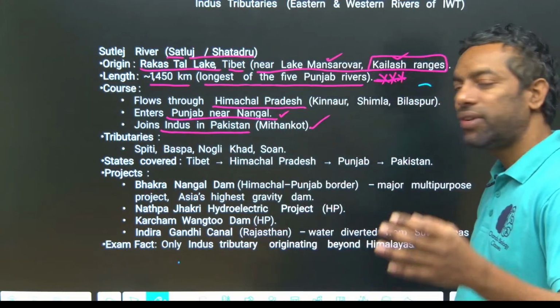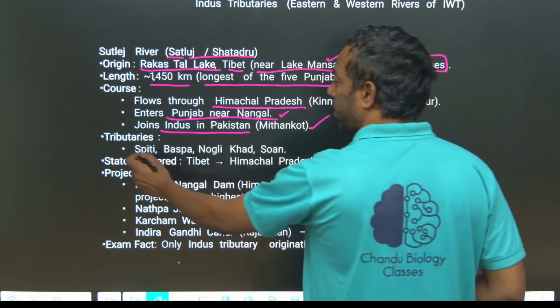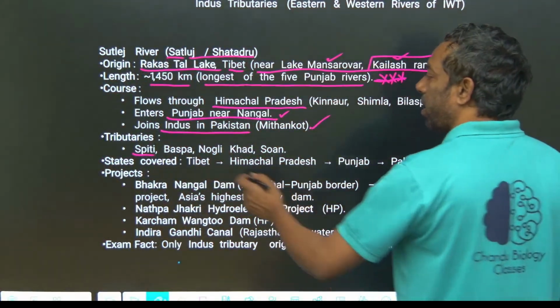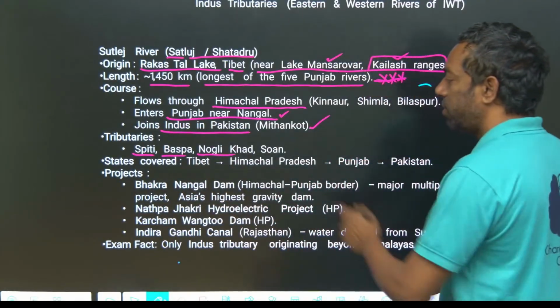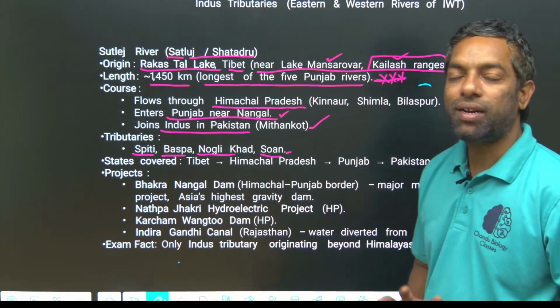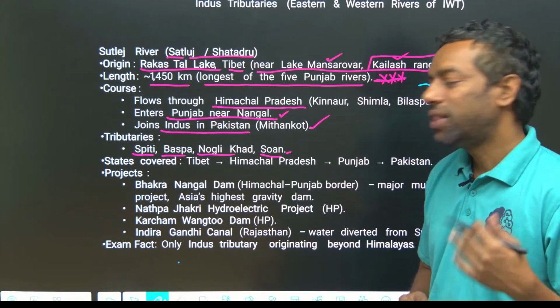Satluj also has some tributaries: Spiti, Baspa and Nogli, and so on. These are very small rivers for the Satluj.